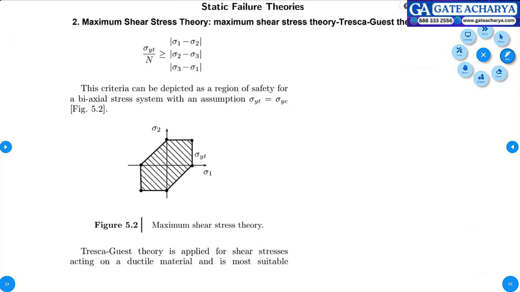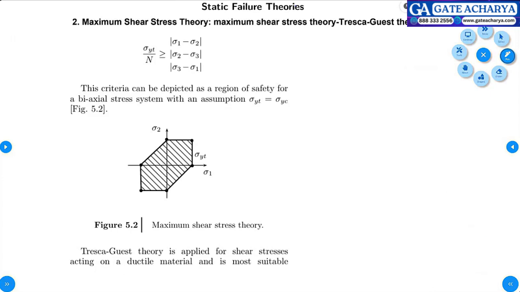Once again we are taking a biaxial system here. When the loading is happening at any one point, and the stress value has reached such that it is equal to the difference between the two principal stresses, then yielding will happen, failure of the material will happen. That is what this theory says. Maximum shear stress theory, given by Tresca or Guest theory.